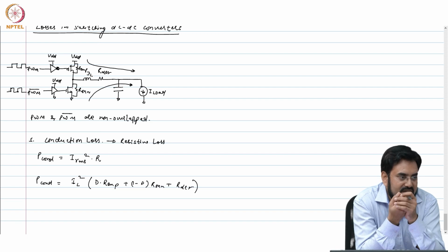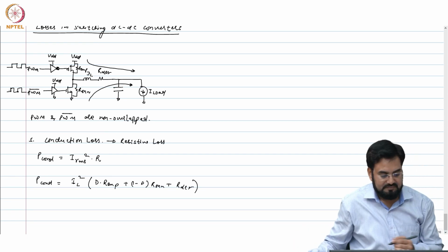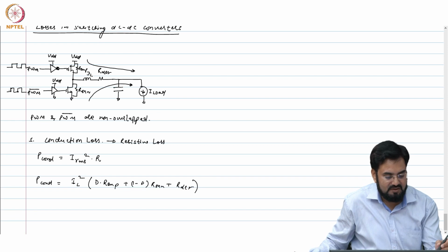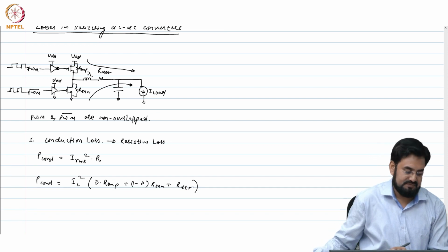Then you have to choose the inductor properly to make sure that RDCR does not increase, otherwise your efficiency will be less than 90%. And you have to size your NMOS and PMOS according to that.